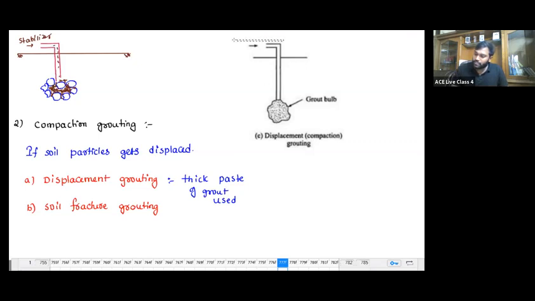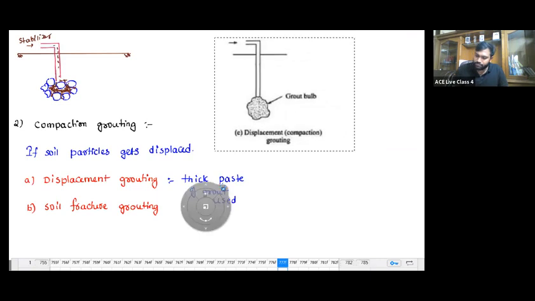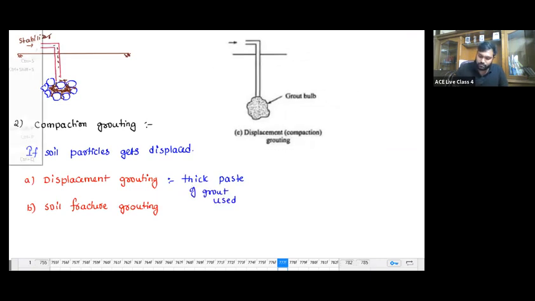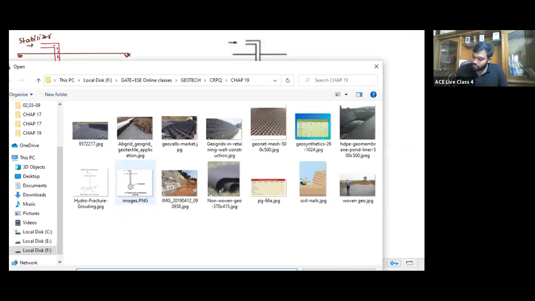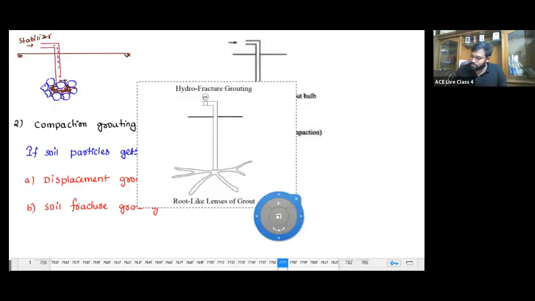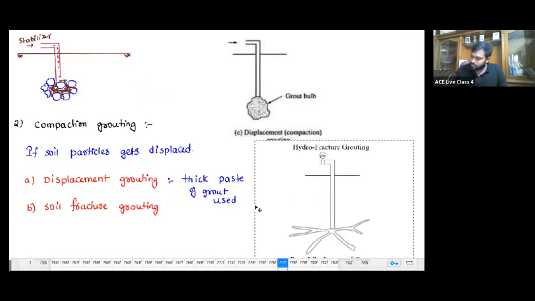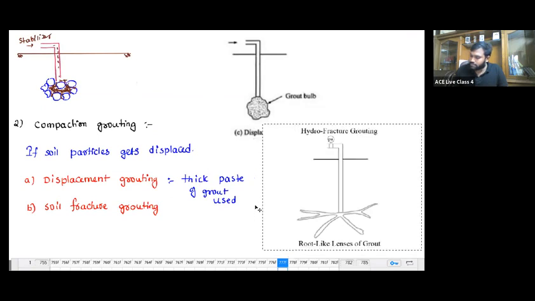And in the case of soil fracture grouting or hydraulic fracture grouting, you can see this is nothing but hydraulic fracture grouting.